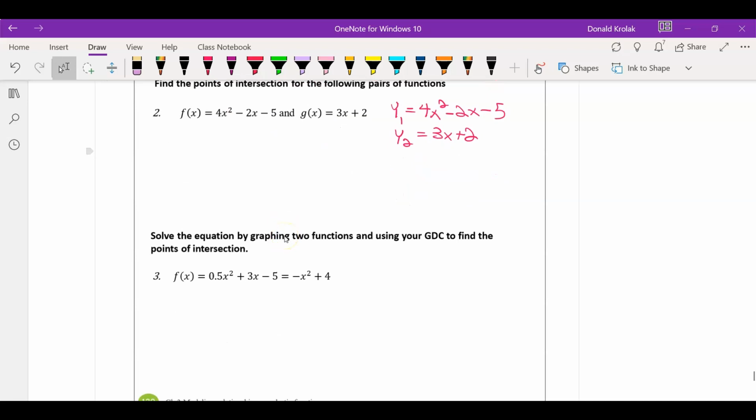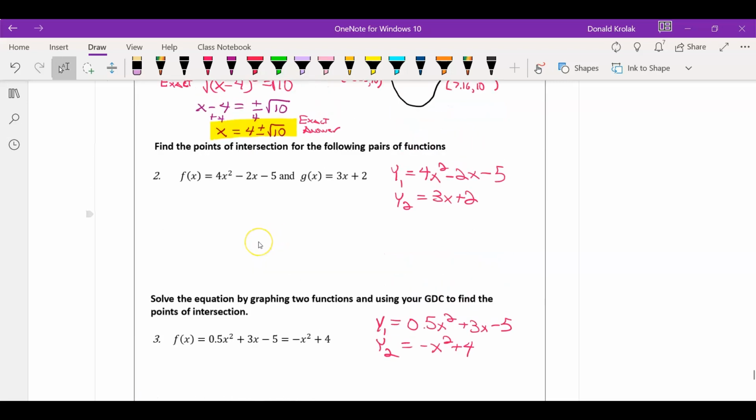On the very bottom one, I'm going to put one side of the equation in for y1, and the other side of the equation for y2. And then we would use the intersect key to see where these things cross.